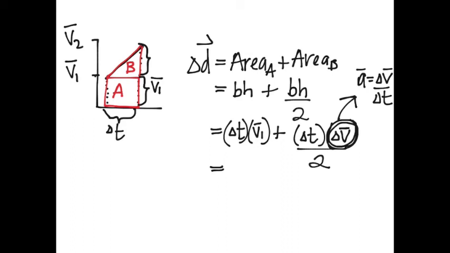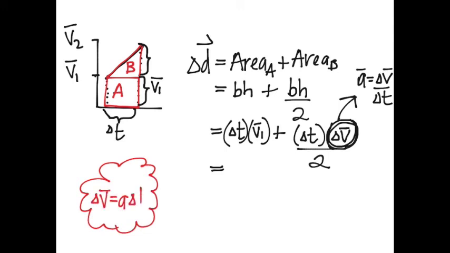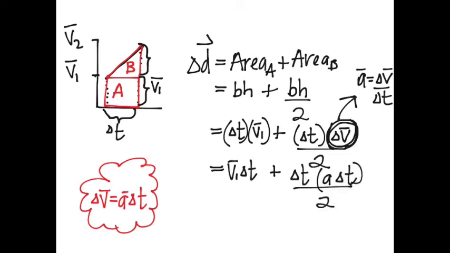We can rearrange this, and if we do, and I'll write this off to the side, delta v is equal to a times delta t. So as you can see, what we've done is we've placed a delta t in where we had delta v.